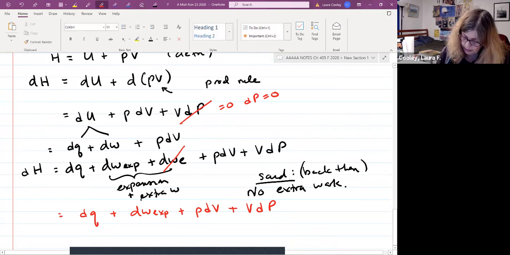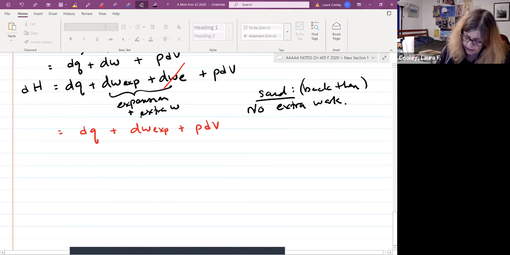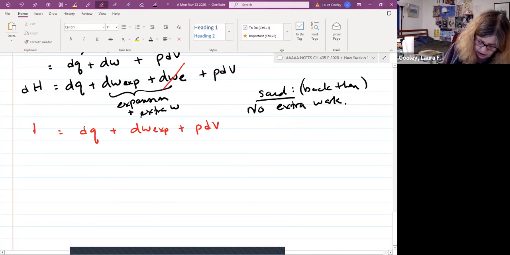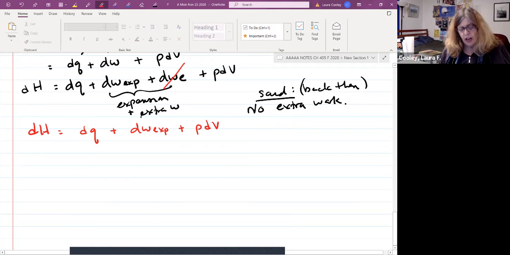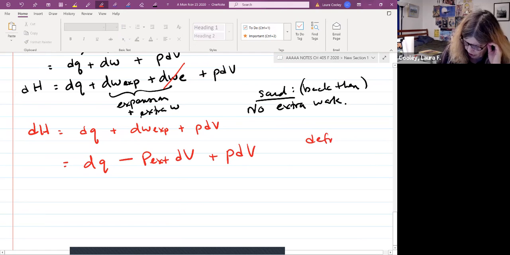This isn't even here anymore. So we have this now, dH is dQ. Look at this. Hold on a minute. Oh yeah, we have to put in dW expansion is minus P external dV plus PdV. So I use the definition of expansion work.